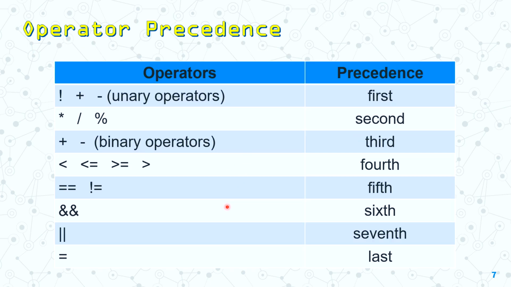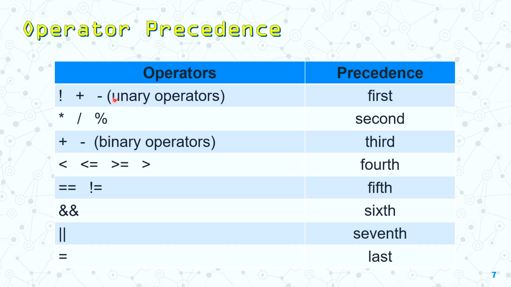Now that we have introduced all these new relational and logical operators, we have to talk about operator precedence. Just like standard math has an order of operations, C also has a strict hierarchy for deciding which operators execute first when they are mixed together in one big line of code.